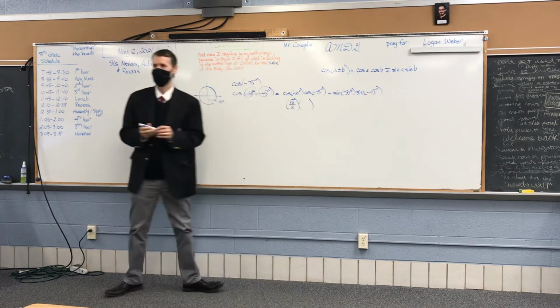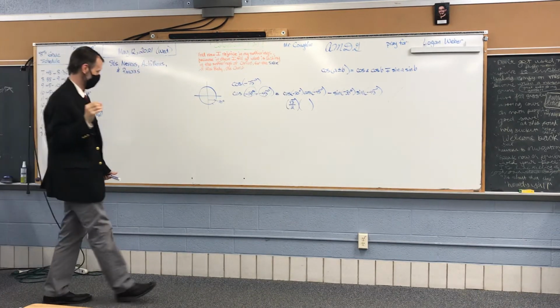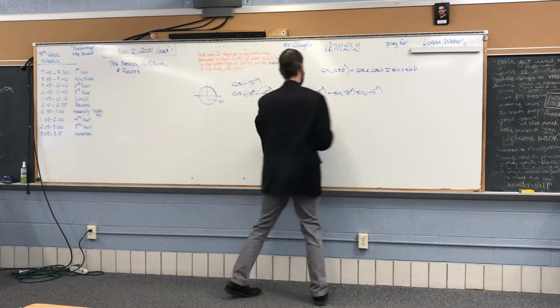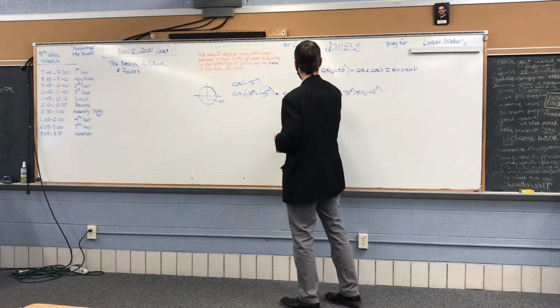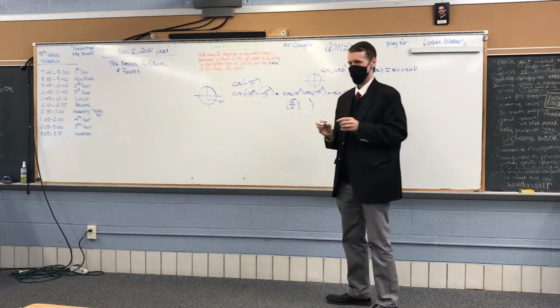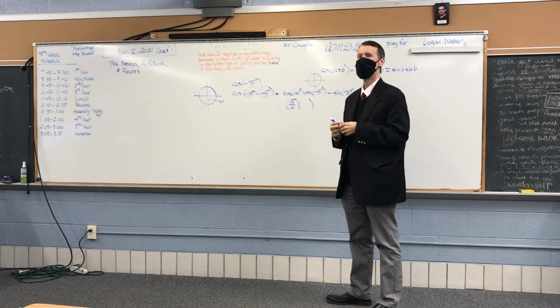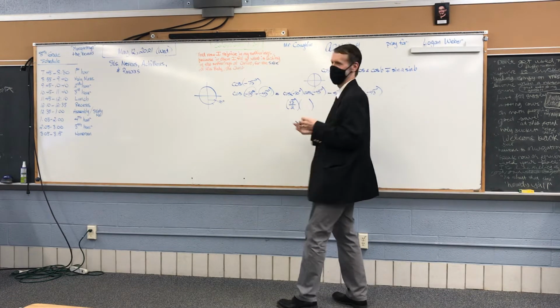What is the cosine of negative 45? Abby, negative 45 degrees, where is that? What quadrant is it, first of all? The fourth quadrant, okay. And it's a multiple of what?